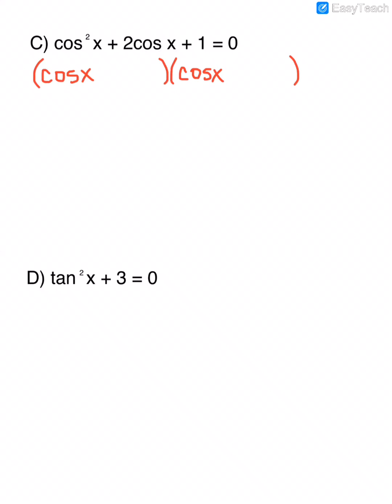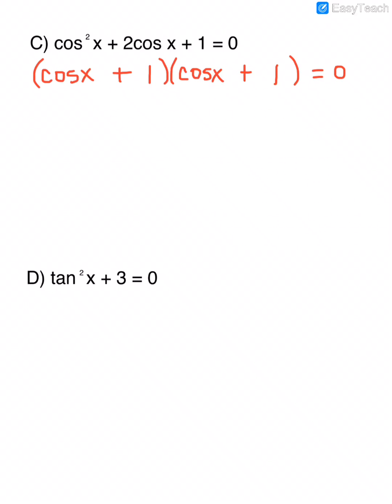The only factors of 1 are 1 and 1. This tells me that my signs are the same, and this tells me what they are. They're both positive. So if I put pluses in both spots, this is the factored version of this trigonometric equation.